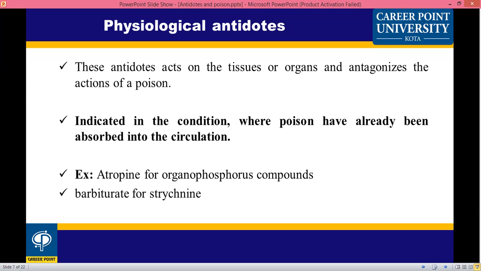If a person has organophosphorus poisoning, atropine injection is given to the patient, which is helpful for treatment. If a person has taken strychnine, a barbiturate injection is given, which is helpful for treatment.